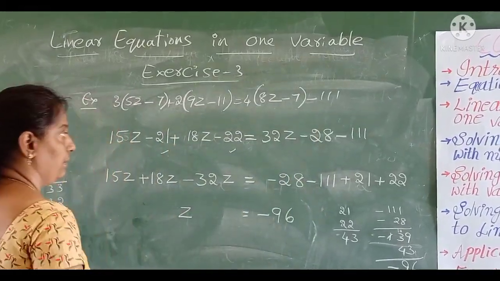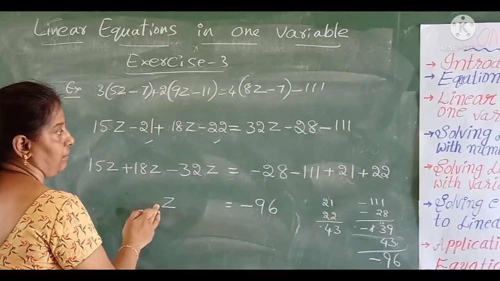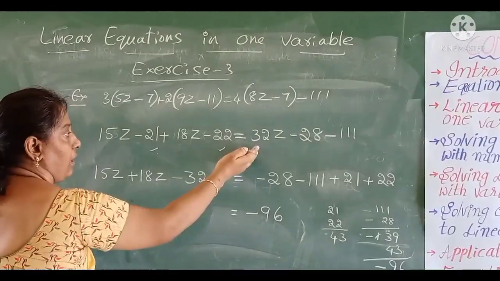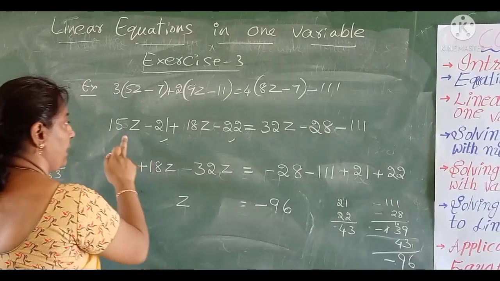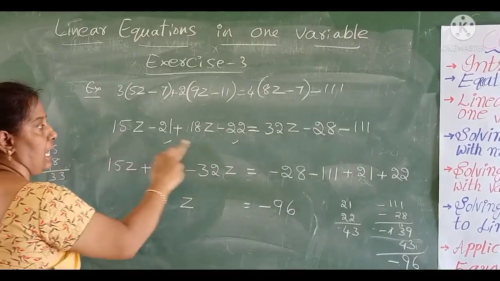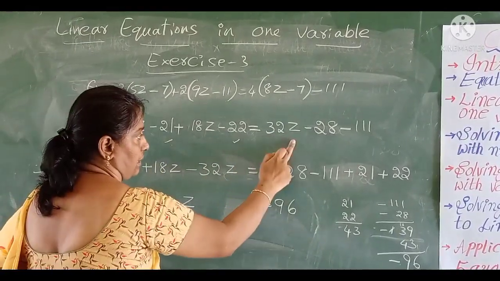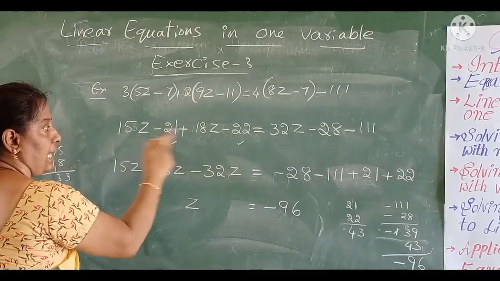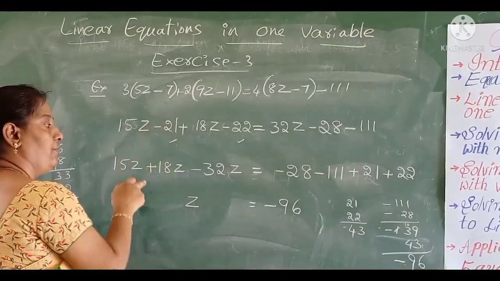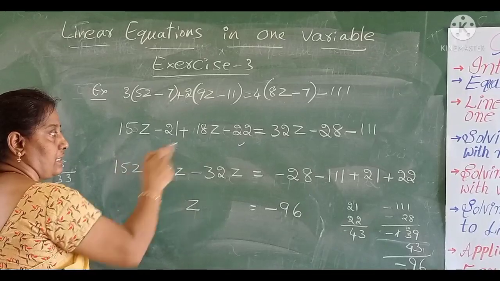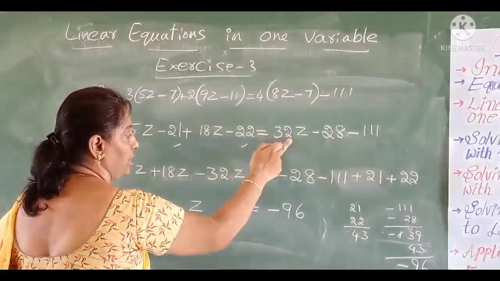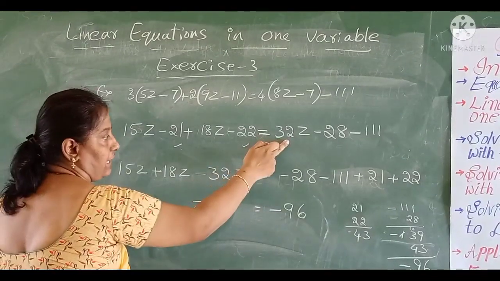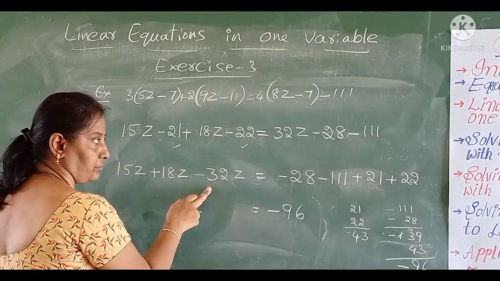So we have to solve. How do we have to solve? Moving all the variables to the left side, all constants to the right side. What are the variables here? 15z and 18z and 32z. 15z and 18z are already on the left hand side, so we write the same. 32z is on the right hand side; moving to the left side, it will become negative 32z.